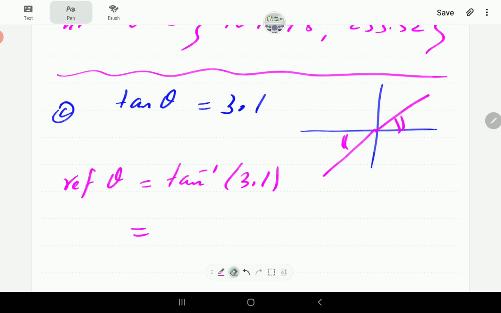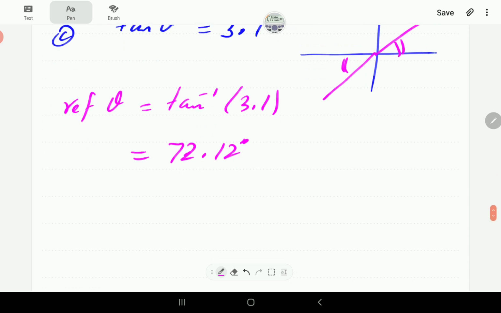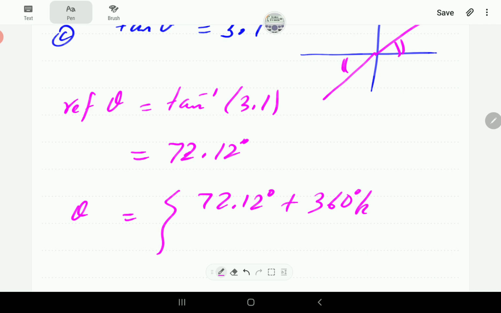So that means the one in the first quadrant is just going to be 72.12. So theta is going to be 72.12 degrees plus 360k.